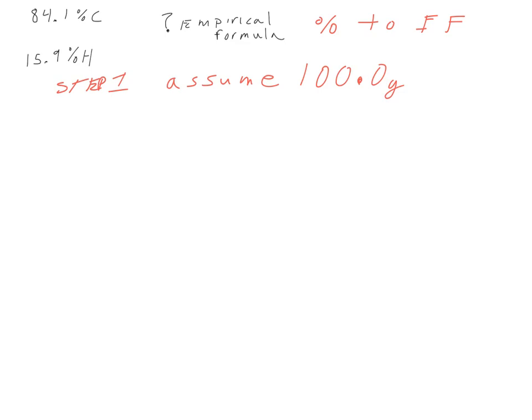Why 100 grams? Because if you assume you have 100 grams of the compound, that means that you have 84.1 grams of carbon and 15.9 grams of hydrogen, right? If you assume you have 100 grams, then those percents can now be read in terms of grams. So that's step 1. We have 100 grams of the compound.